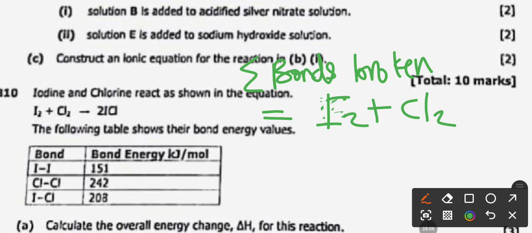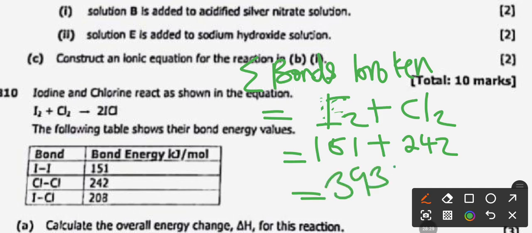So the iodine is equal to 151 plus the chlorine, which is equal to 242. So in total, I'm getting a value of 151 plus 242, 393 kJ per mole. So this is the enthalpy change for the bonds broken.